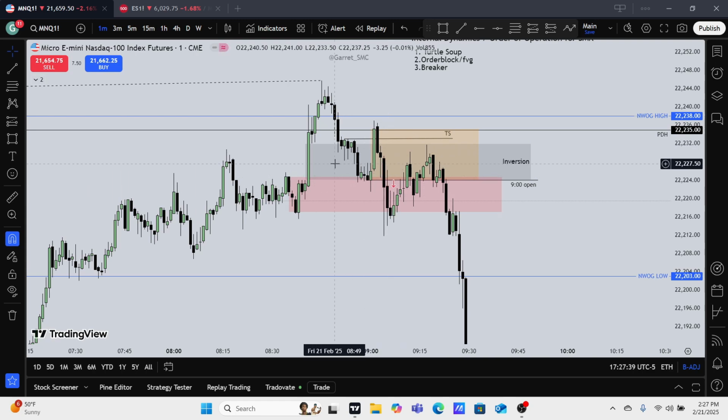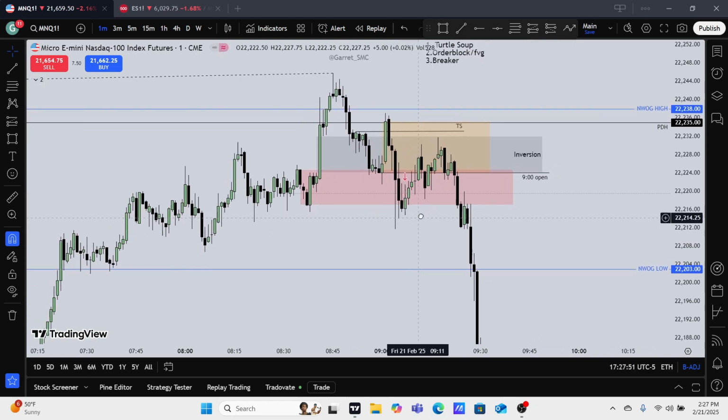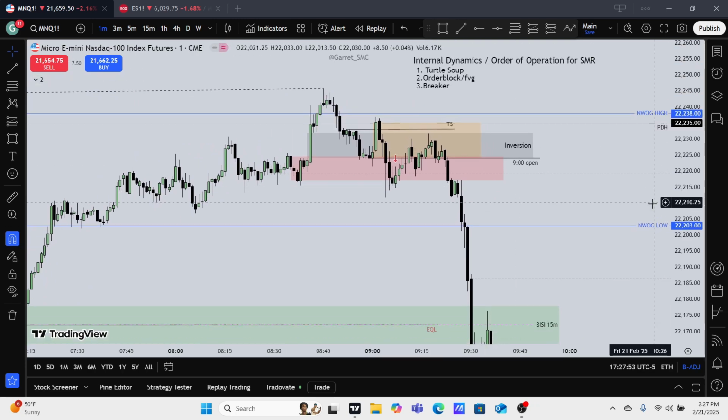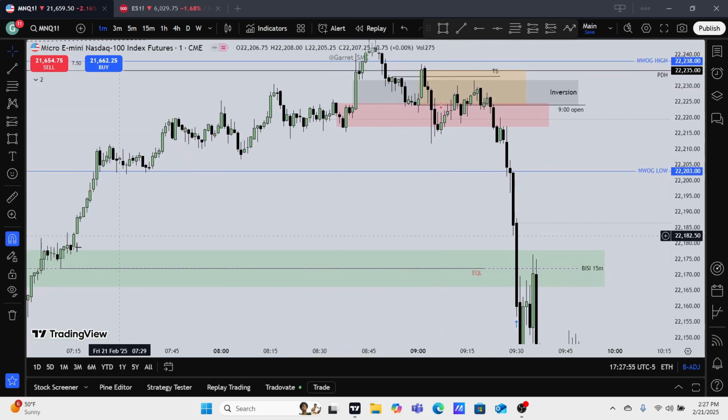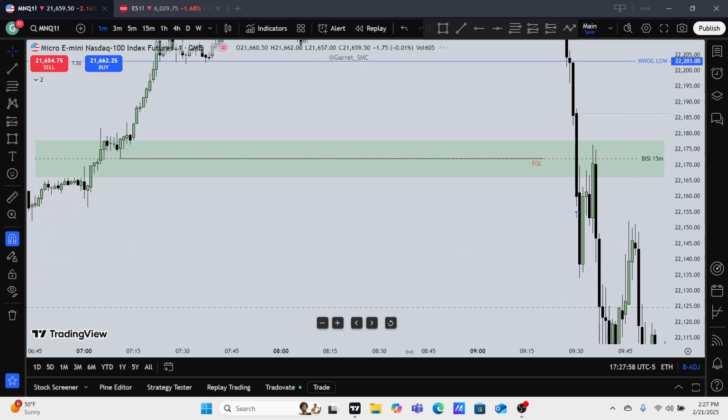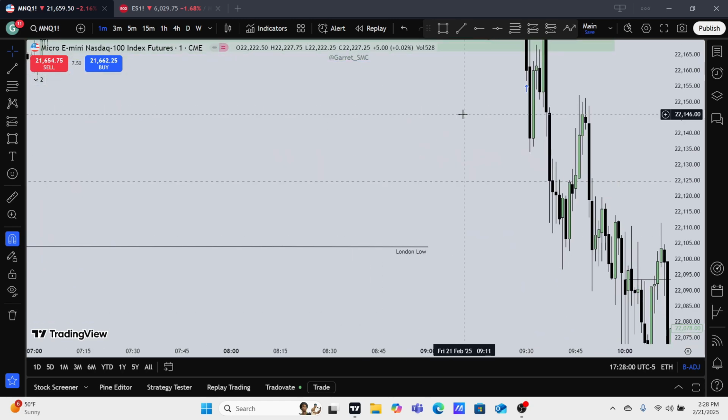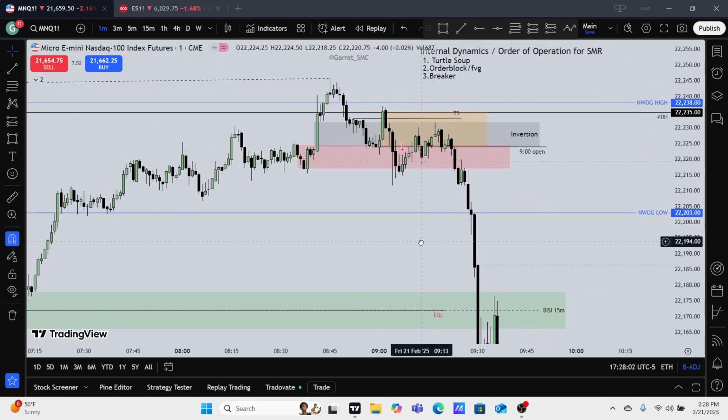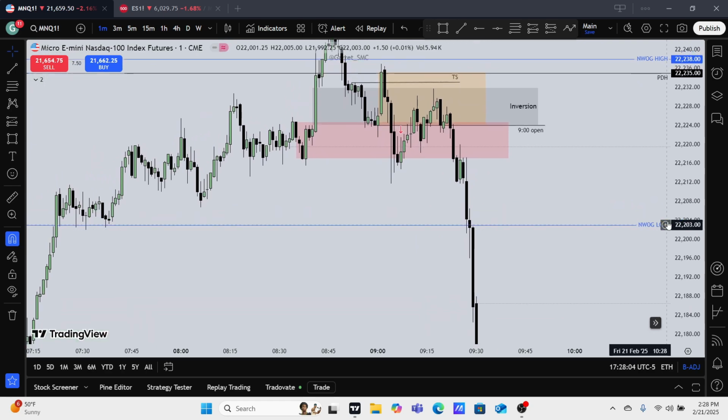We then activated an inversion fair value gap and a bearish breaker, as well as trading below the 9 a.m. open, which is all signs of us going lower. And we also had relative equal lows. We had the London low and we had the previous day's low, all intact for sell side liquidity.